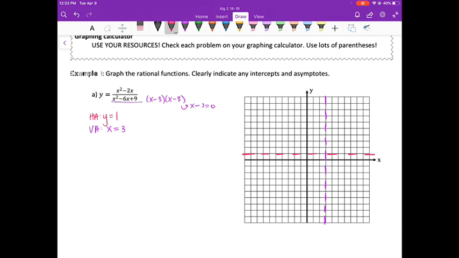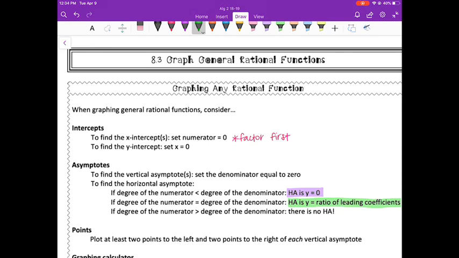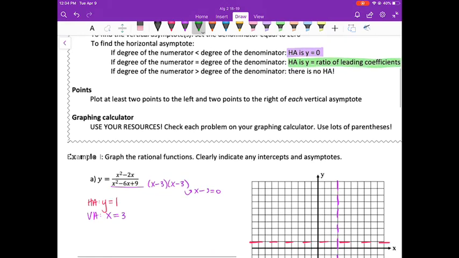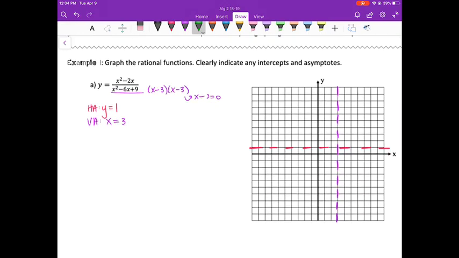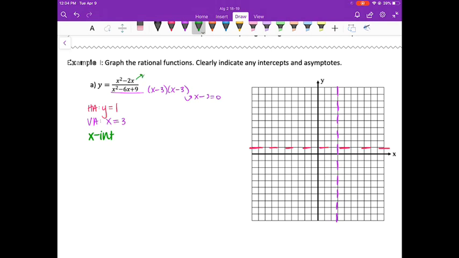Okay, now what about our x-intercept? Remember, to find your x-intercept, we set our numerator equal to 0, and like I said before, that's going to involve some factoring. I can take out a GCF. Let's call this x times x minus 2.